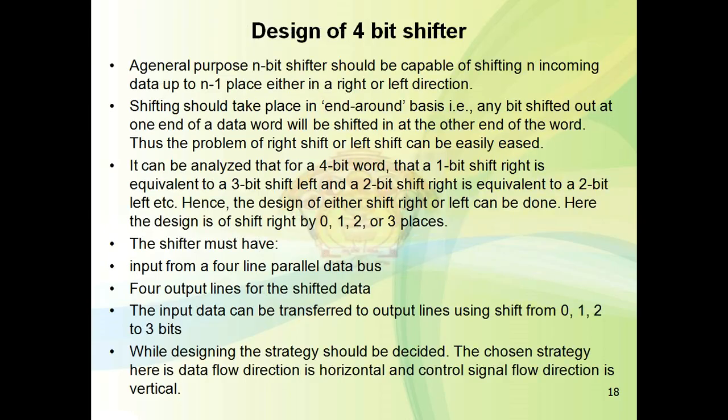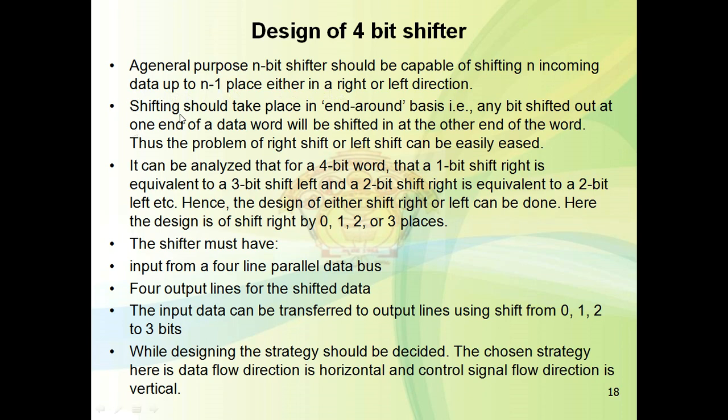Okay, so design of 4-bit shifter. A general purpose n-bit shifter should be capable of shifting n incoming data bits up to n-1 places, either in the right direction or in the left direction.